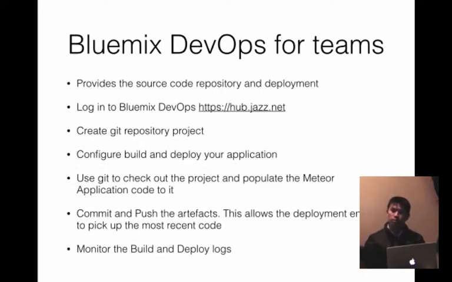Then we check out the application by using git clone. After that, we populate our code to the git project, and then we commit the code to the git repository, and it will automatically be triggered by the Bluemix DevOps. Then we can monitor the result of the deployment.